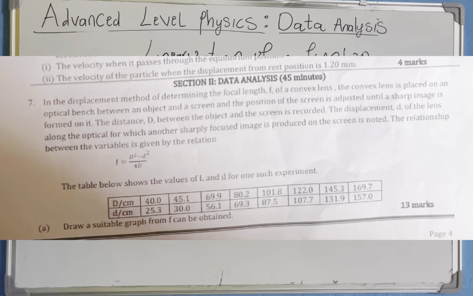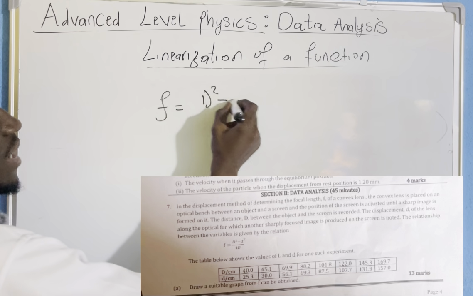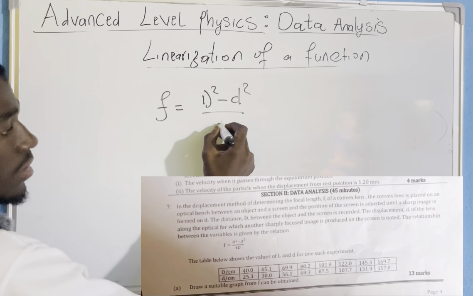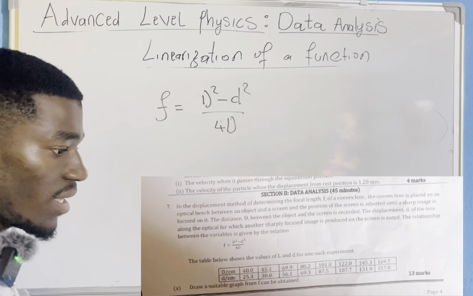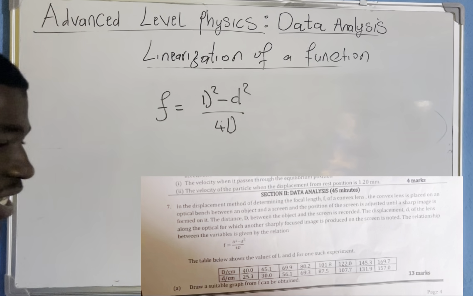The displacement d of the lens along the optical bench for which another sharply focused image is produced on the screen is noted. The relationship between the variables is given by f equals D squared minus d squared all over 4D. The table below shows the values of D and d for one such experiment.